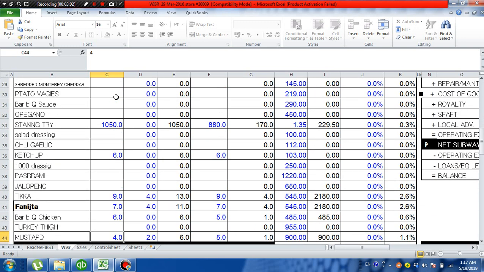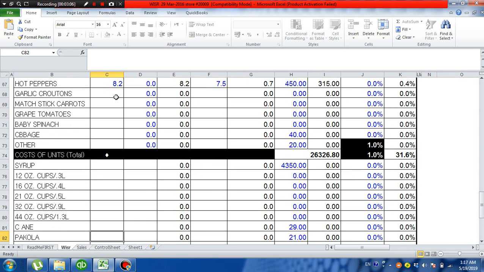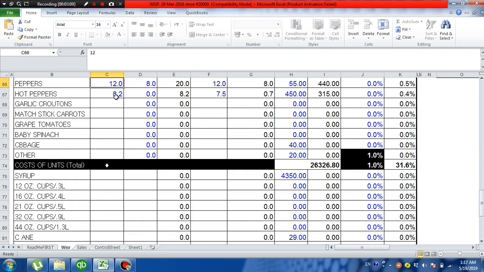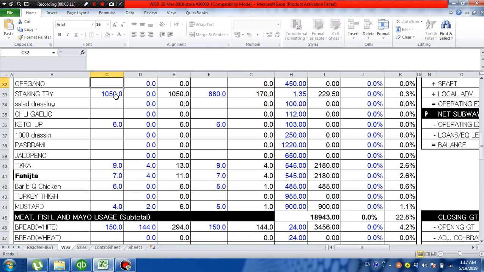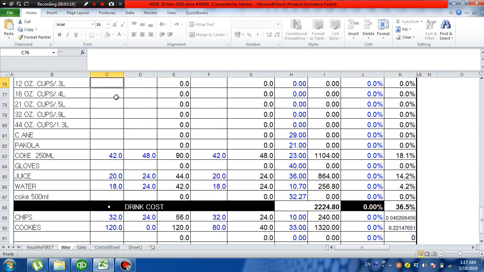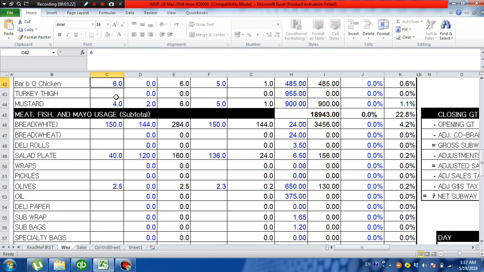It's a long list. So this Excel worksheet is sent to the sub-regional office every week, because with the help of this sheet the Subway fast food company based in America collects their royalties from every Subway restaurant.